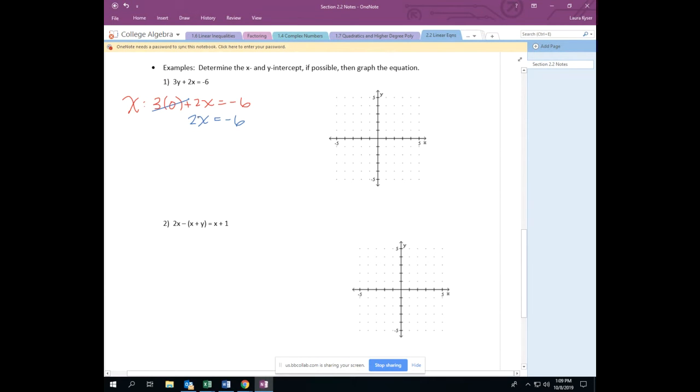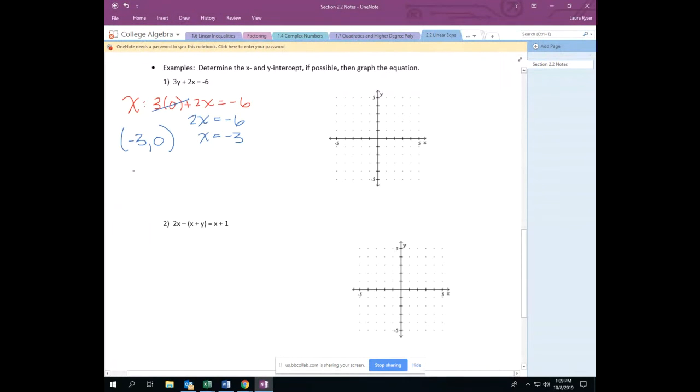And then to get x by itself, we divide both sides by 2. So x is negative 3. Technically, when you find your x and y intercepts, you're going to write them as ordered pairs. So the x-intercept here is negative 3, comma 0. Negative 3 is the x-coordinate. 0 was the y-coordinate that we plugged in.